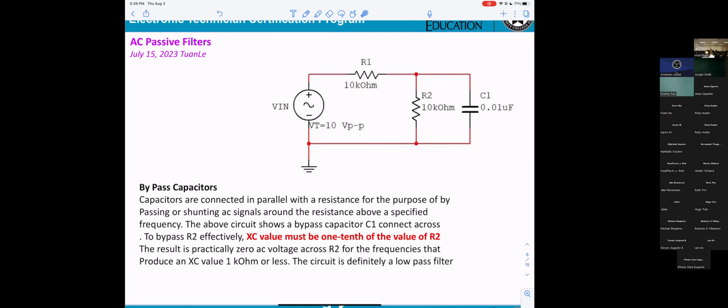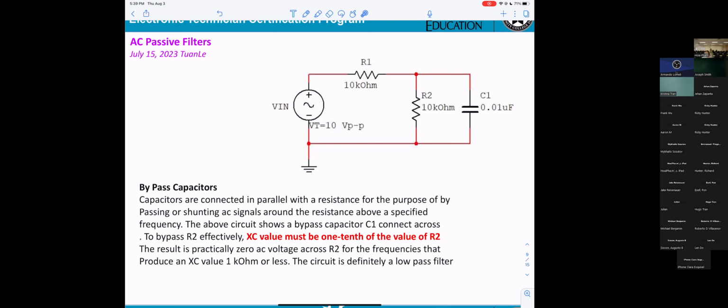That means they're telling you right here: XC value 1 kilo ohm or less. When you calculate the XC, it has to be 1 kilo ohm or less.